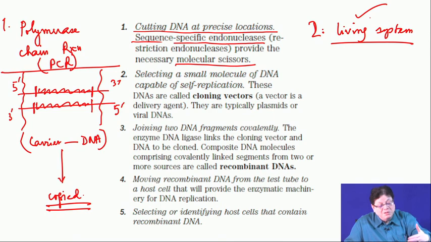So, you have the DNA, a piece of DNA, this is your region of interest, you cut the DNA from the two sides using restriction endonuclease or the restriction enzymes, and then incorporate it into a carrier DNA. I will talk about this carrier molecule.